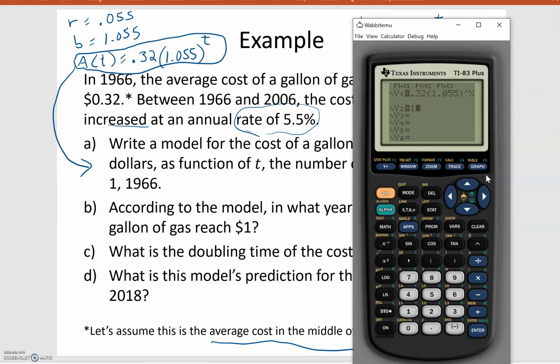curves. And I'm going to go to my window. Since my x values are in years, this might be okay actually, but we can double check by looking at the table and checking to see when we get to $1.